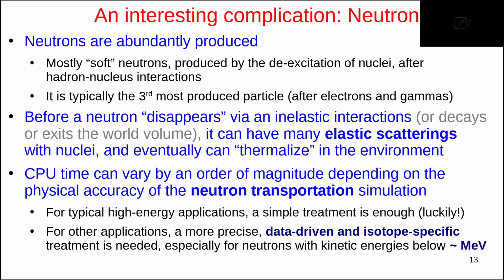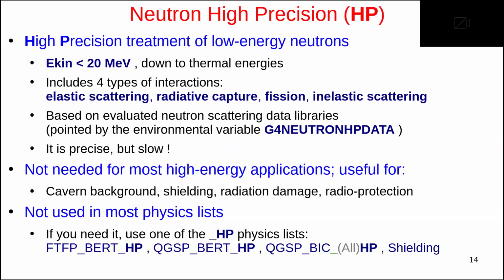And below MeV, if we want to have a precise treatment, there must be a non-trivial model, not the default one, which is data-driven and depends really on the isotope. This one is called HP, for high precision. As I said, as an exception, neutron doesn't have only elastic and inelastic, but there is also radiative capture and fission.